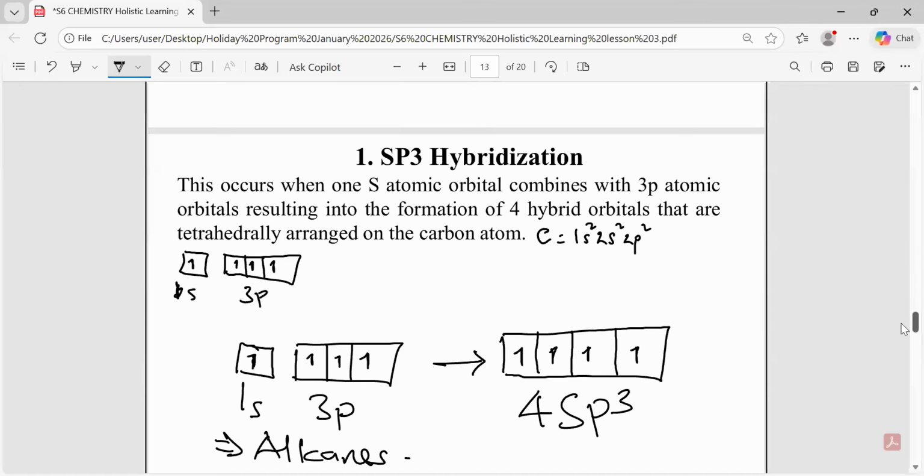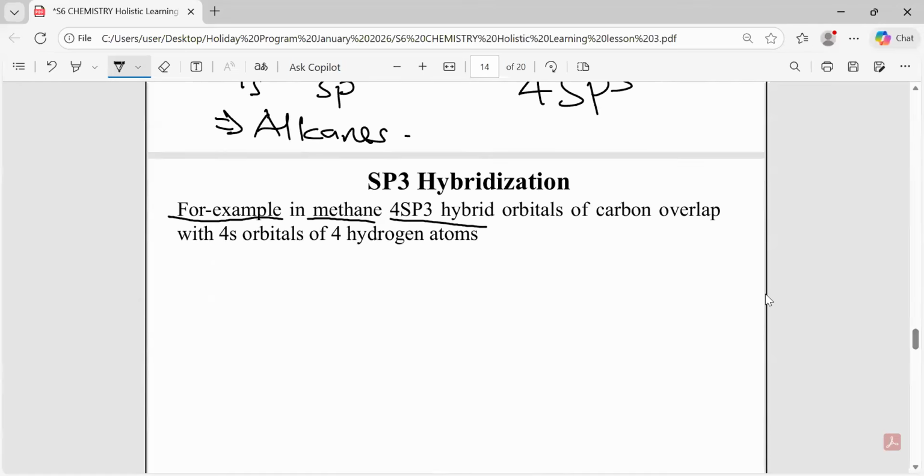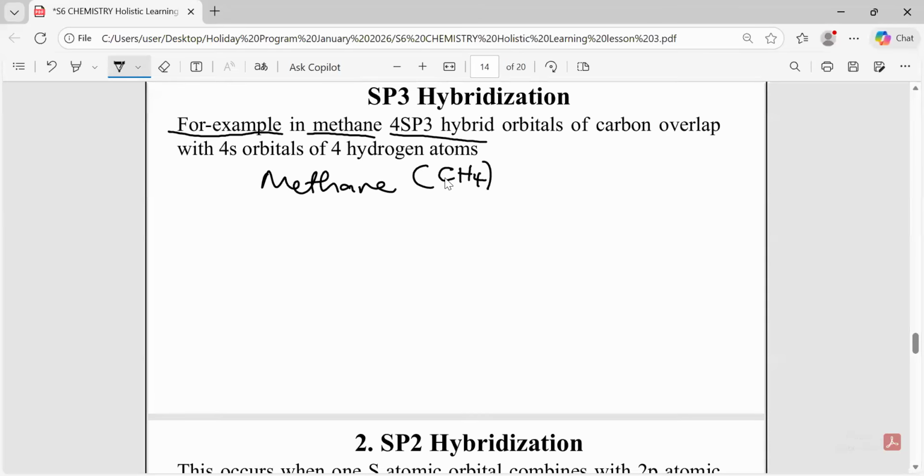But you recall methane, CH4, and how it comes about. It has a carbon and hydrogen. So it's telling us that the 4 sp3 hybrid orbitals of this carbon overlap with the 4 s orbitals of 4 hydrogen atoms.